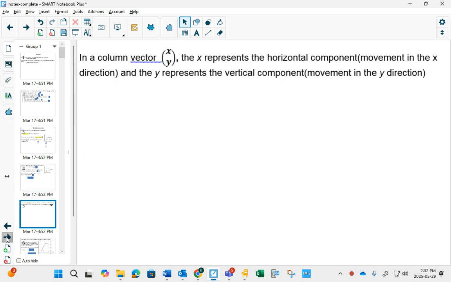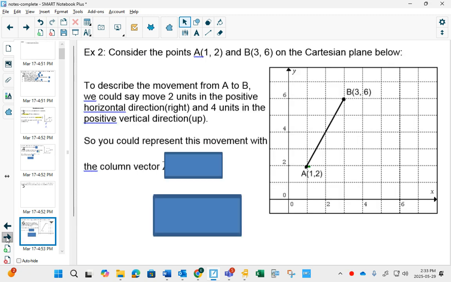If you have a column vector, the top is your horizontal, the bottom is your vertical movement. So we have the points 1, 2, and 3, 6 on the Cartesian plane below. If you wanted to go from A to B, does it make sense that you would have to move 2 units to the right and 4 units up?